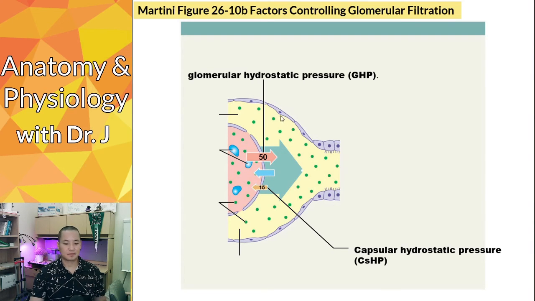Why? Do you want your filtrate, what's supposed to be your urine, going back into your bloodstream? Not really, right? You want to filter your blood and get rid of your metabolic waste into your urine. So this is why glomerular hydrostatic pressure should win out.